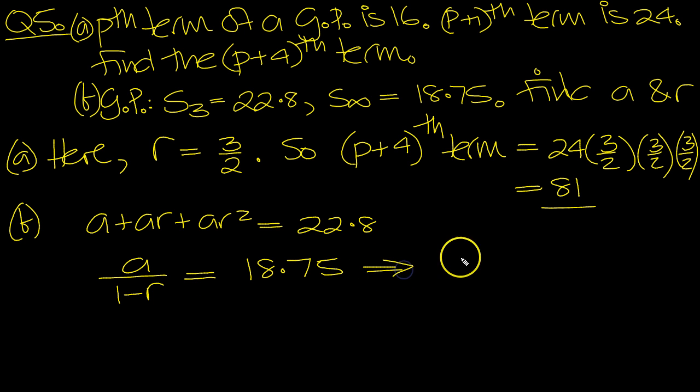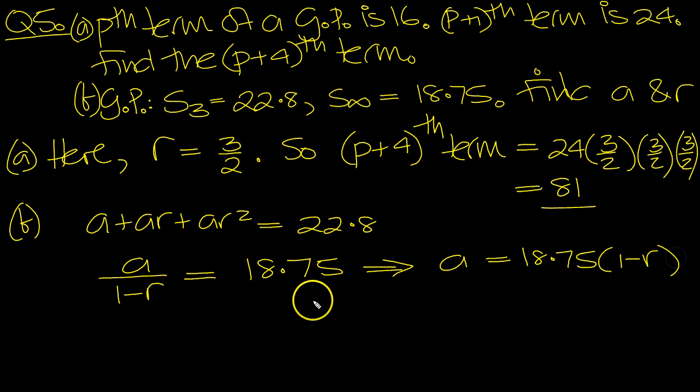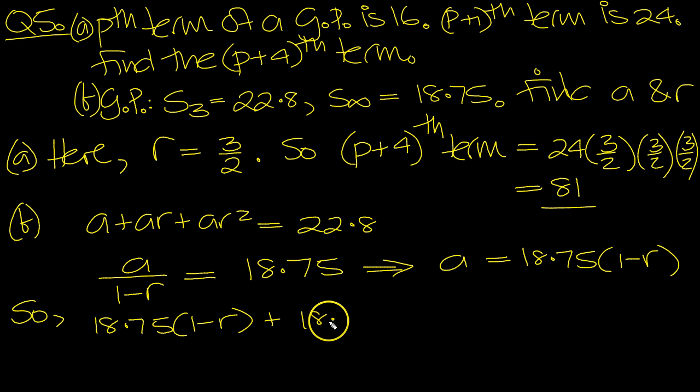So that tells us that A is equal to 18.75 lots of 1 minus R. So if we put this in then, 18.75 times 1 minus R plus 18.75... No, let's not do that.